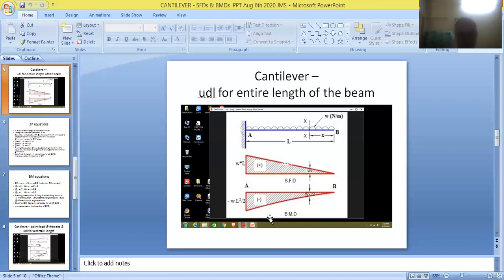So friends, these are the basic things. If you are thorough with the fundamentals, definitely you will not go wrong while preparing equations and constructing all these diagrams. Secondly, we have a problem I would like to discuss in the next session.